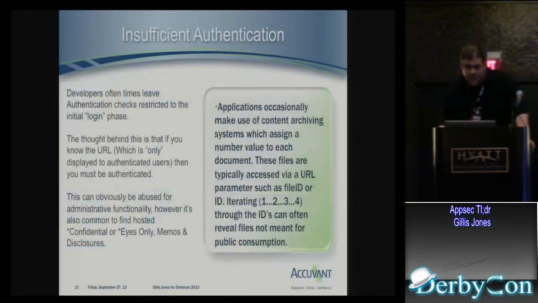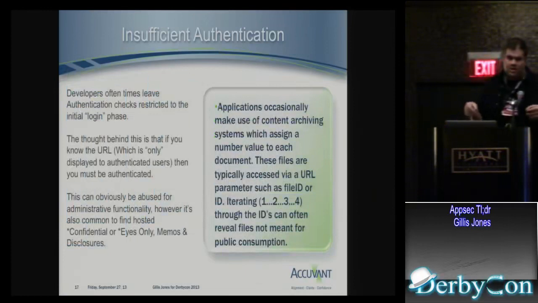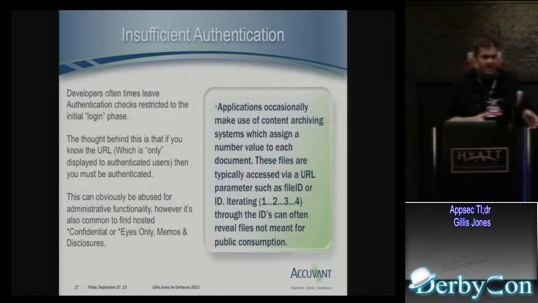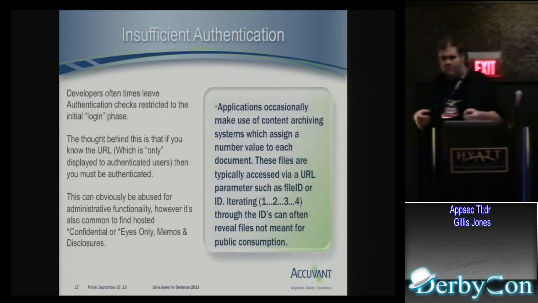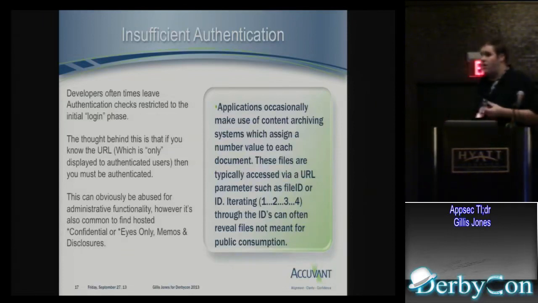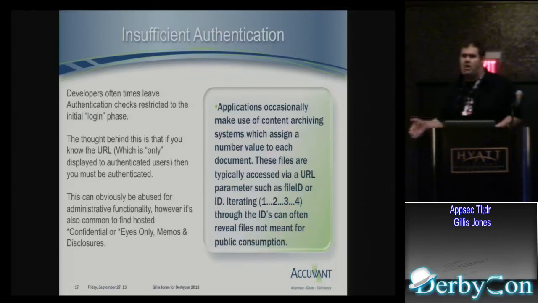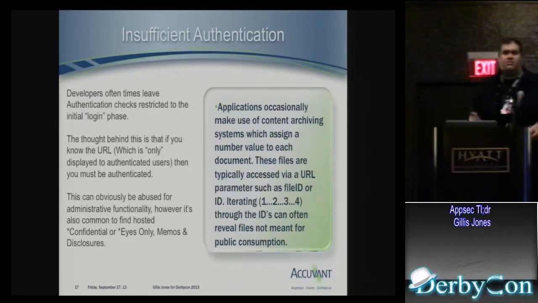And typically, a lot of times, user IDs will be sequential. So you'll have user ID equals 1. Now, if you're able to iterate through numbers, a lot of times the further down you go, the closer to an administrative level you get.